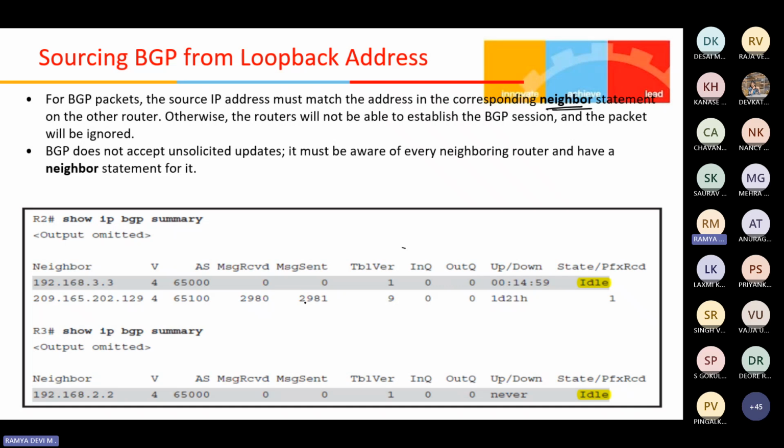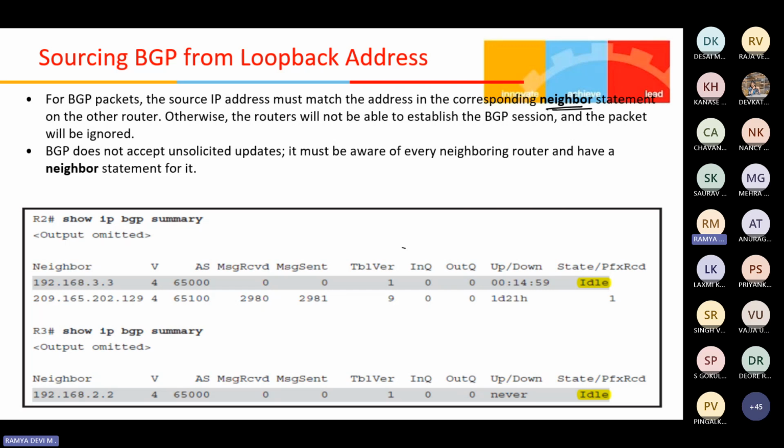So we have to use the command neighbor x.x.x.x update-source loopback 0, so that the router explicitly sources BGP packets from its loopback interface. When the BGP peers are configured to use loopback addresses, the source IP of BGP packets must match the neighbor IP defined on the other router.